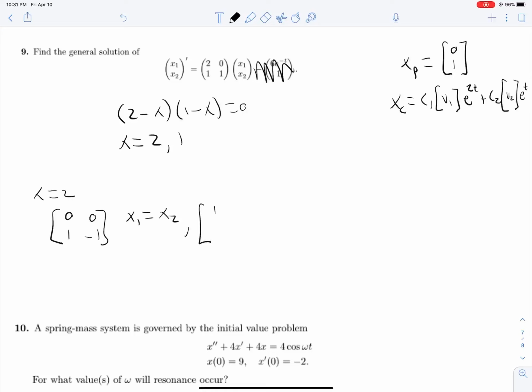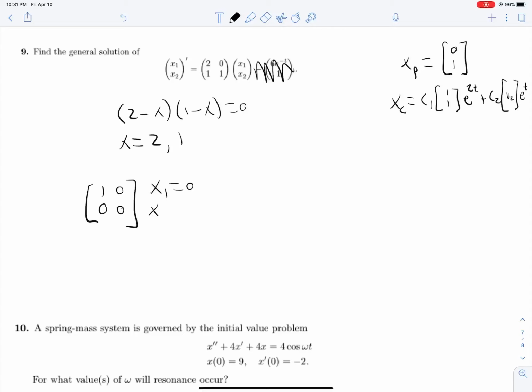So we get an eigenvector of 1, 1. That's our v1, 1, 1. And then plugging in lambda is equal to 1, we get 1, 0, 1, 0, which we can simplify down. This is saying that x1 is equal to 0, x2 is free, and so we get a vector 0, 1 out of the deal. So 0, 1 will go in for v2 up there.